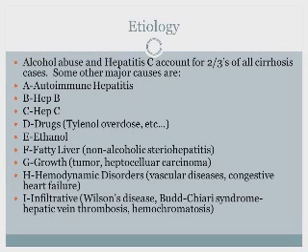Now, as I mentioned in the previous slide, cirrhosis is the final stage due to chronic liver disease. You can see in the list here that there are a number of diseases that can cause cirrhosis. The most common tends to be alcohol abuse as well as hepatitis C. Now, the list shows a number of other diseases that lead to cirrhosis, and the best way to remember them is to think of your A, B, and C. It's a bit of a mnemonic.